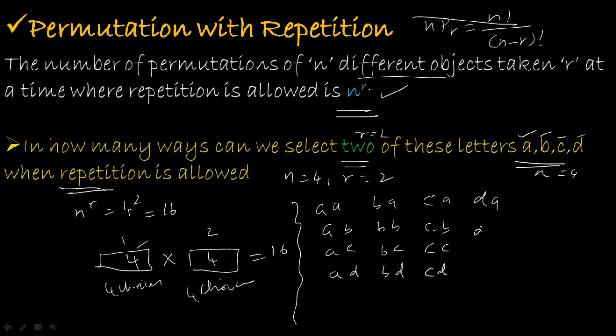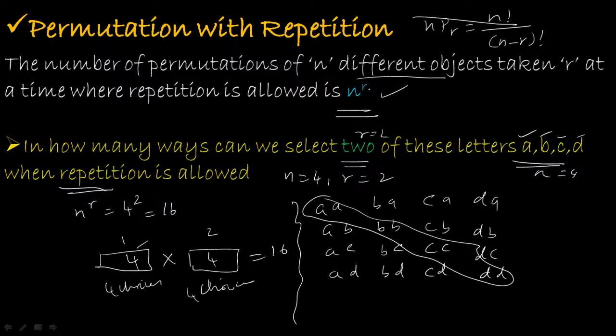Next one, DA, DB, DC, DD. So totally we have 16 arrangements. With repetition allowed, diagonally you have AA, BB, CC, DD. So the total number of ways of selecting 2 of these letters among 4 is 16.